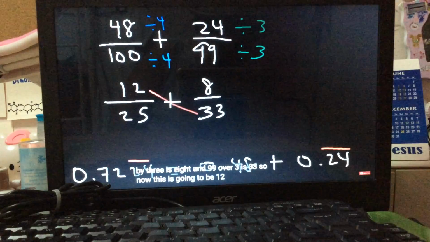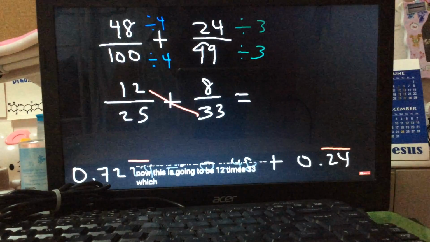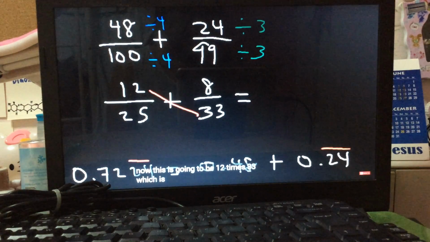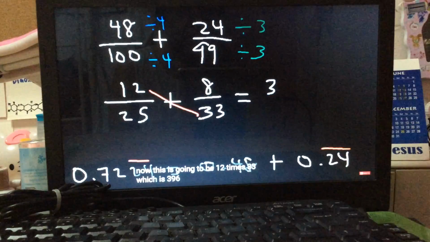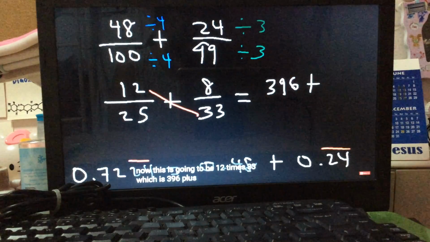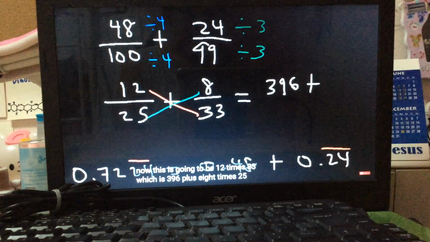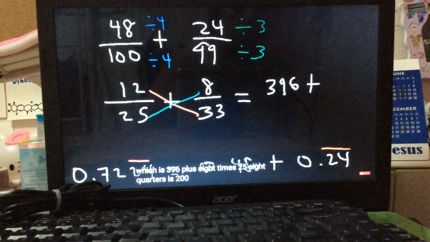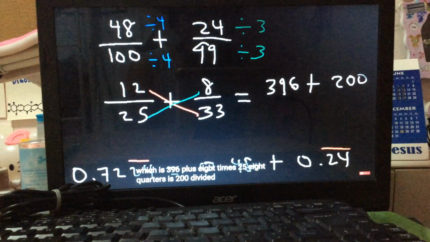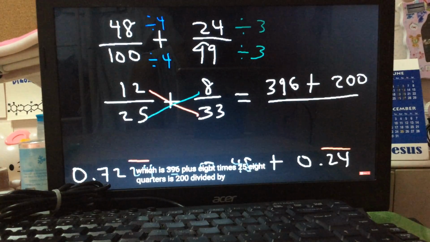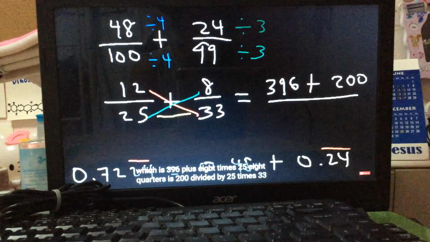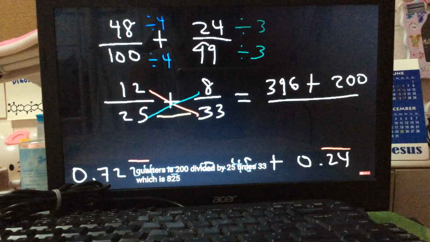So now this is going to be 12 times 33, which is 396, plus 8 times 25, which is 200, divided by 25 times 33, which is 825.